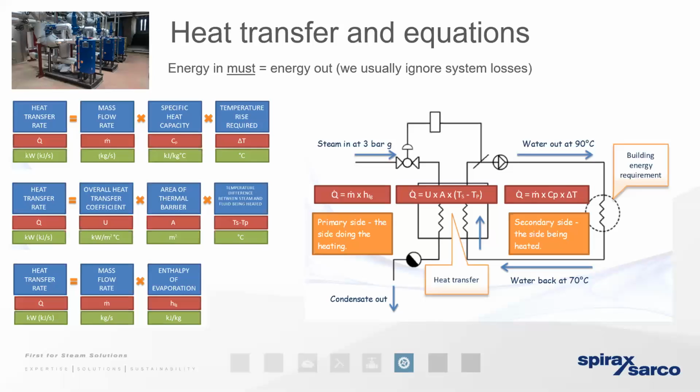If we're looking at a new heat exchanger, then we can go back to first principles and we can calculate that U value. We then need to multiply that by what we refer to as the A value. And that's the heat transfer surface area itself. So in the case of a plate heat exchanger, then we'd add up the effective area of the plates, we'd multiply it by the number of plates to determine the area.